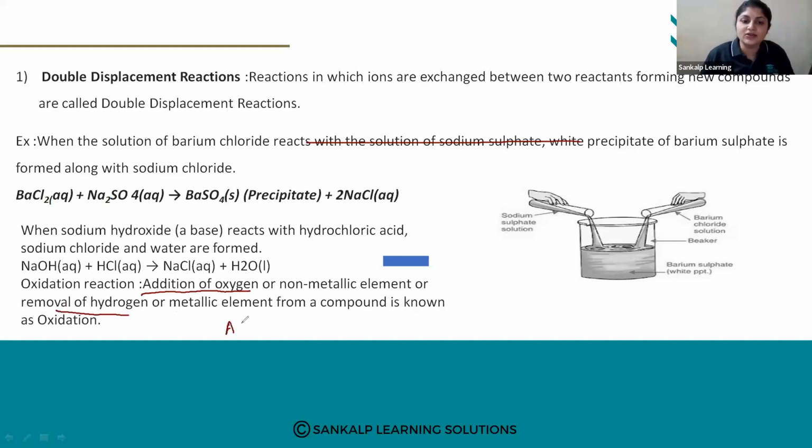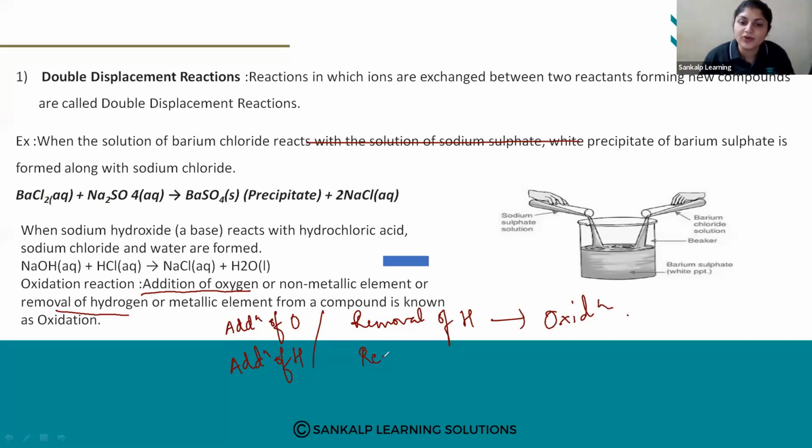So either addition of oxygen or removal of hydrogen is oxidation. And what is reduction? Reduction is addition of hydrogen and removal of oxygen. So when you are adding hydrogen, it results in reduction.